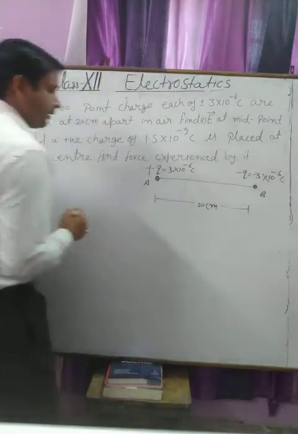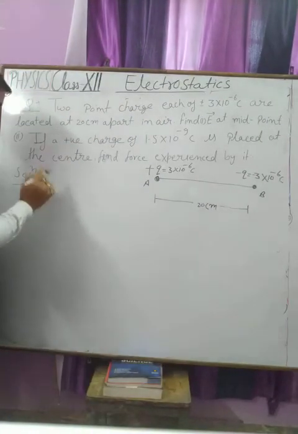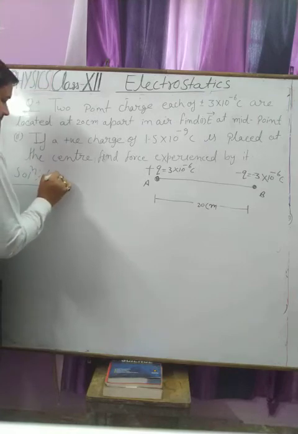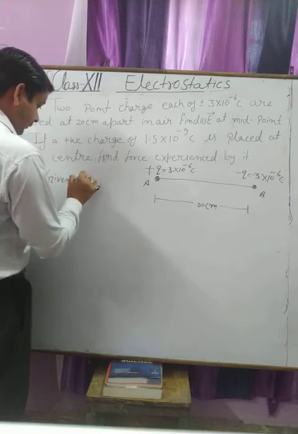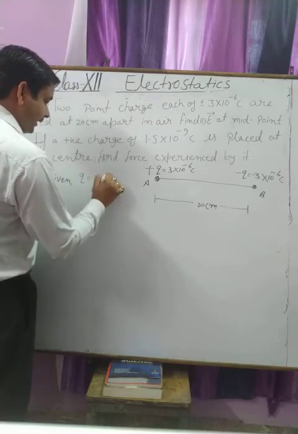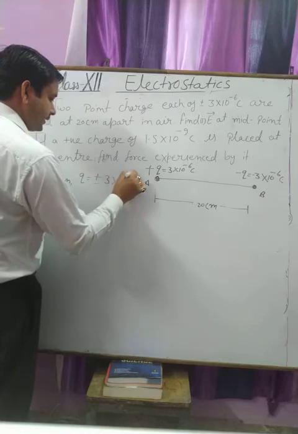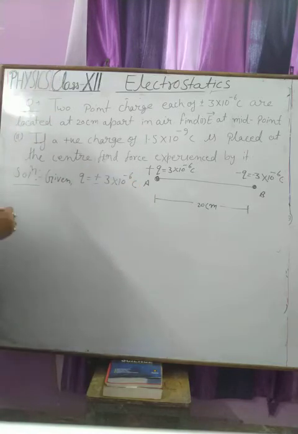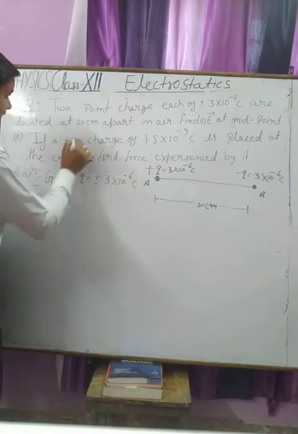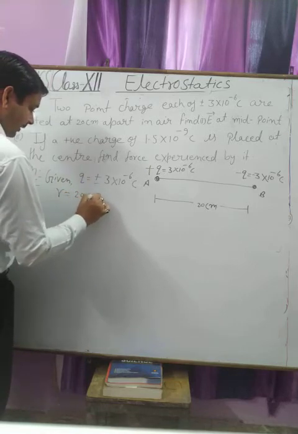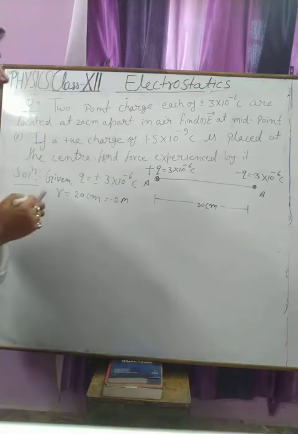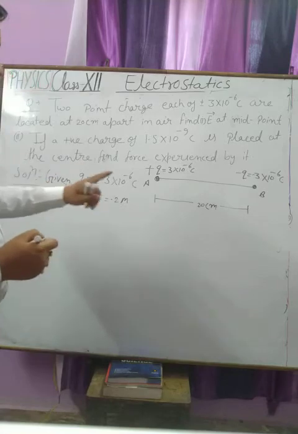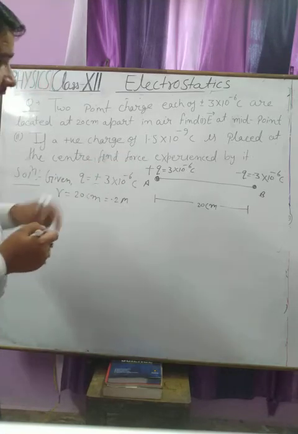Okay student, now we are taking the given charges, plus minus 3 into 10 to the power minus 6 coulomb. The distance of separation is 20 centimeter, we are using 0.2 meter, and we need to calculate the electric field due to these two charges at the center.